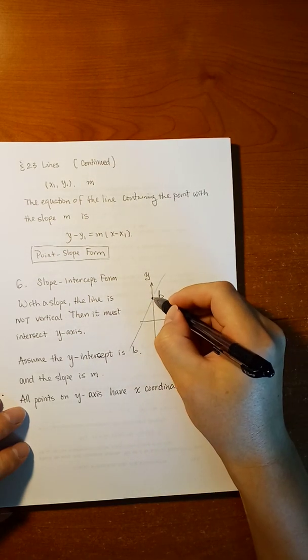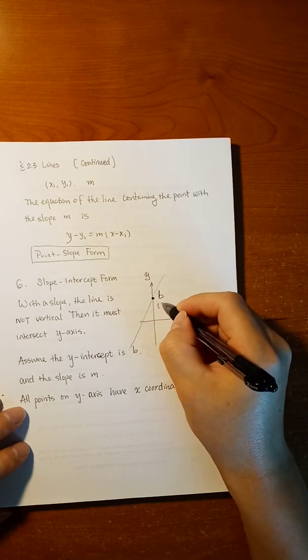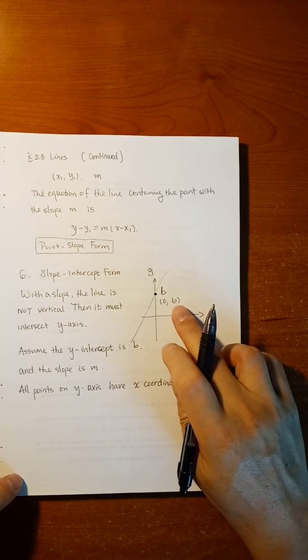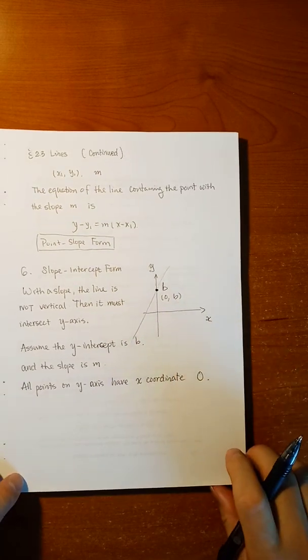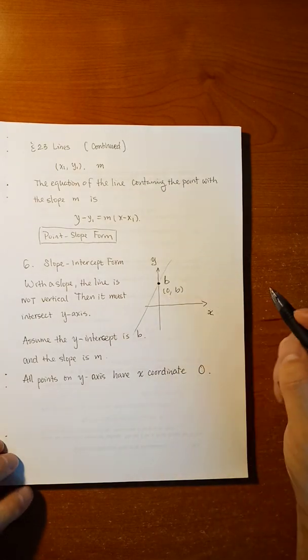So this point, its y-coordinate is b, its x-coordinate is 0. So the ordered pair is (0, b).